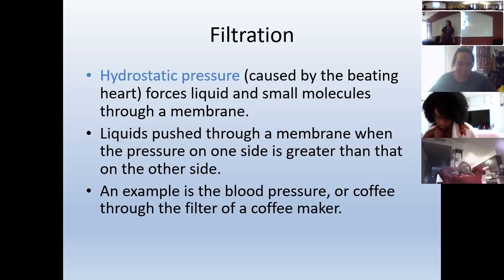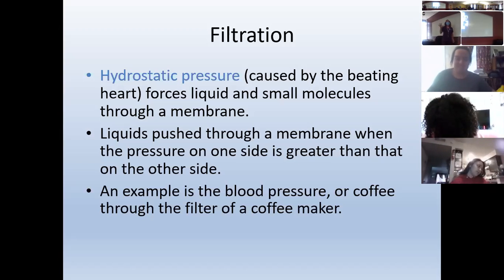Blood pressure affects the filtration rate of your kidneys. If your blood pressure is too low, it won't allow your kidneys to filter, just like our Mr. Coffee with no water. If your blood pressure is too high, you're going to start busting stuff out. Pressure has to be exactly right.